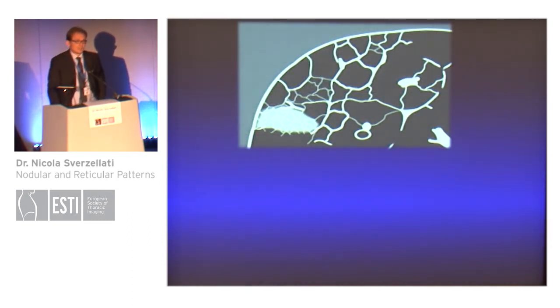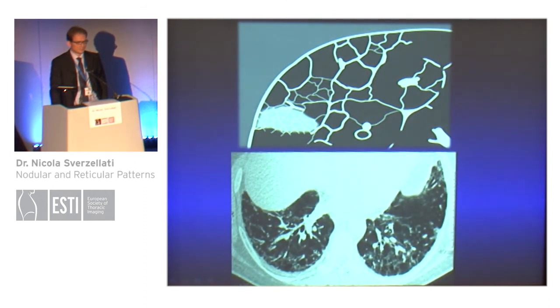This is the last type of linear opacities. Intralobular septal thickening may be seen in several interstitial lung diseases, but it is well typified in idiopathic interstitial pneumonia, in which we can note fine intralobular septal thickening at the periphery of the lung.